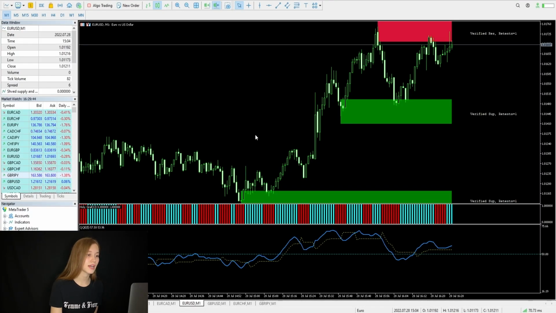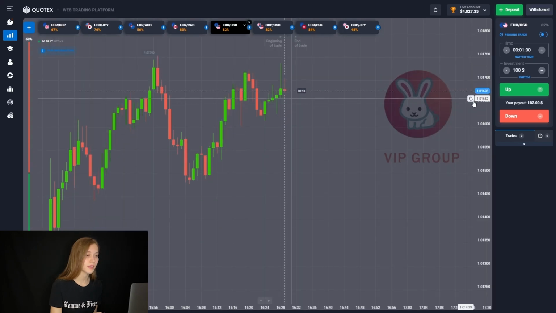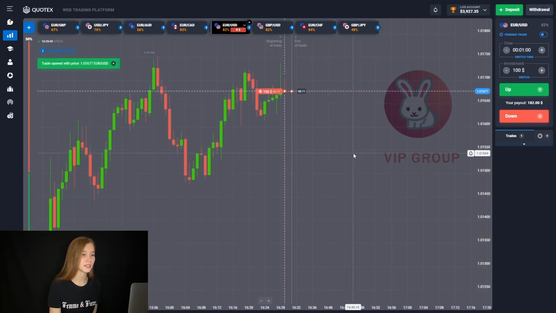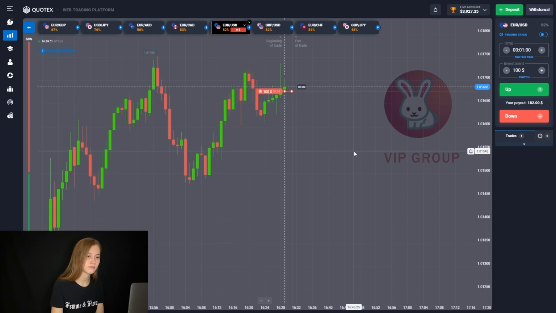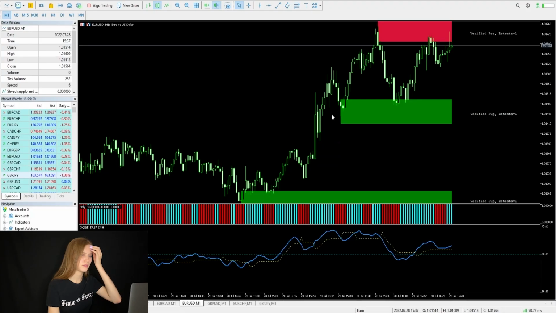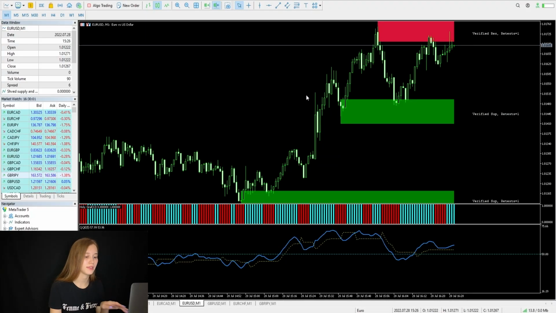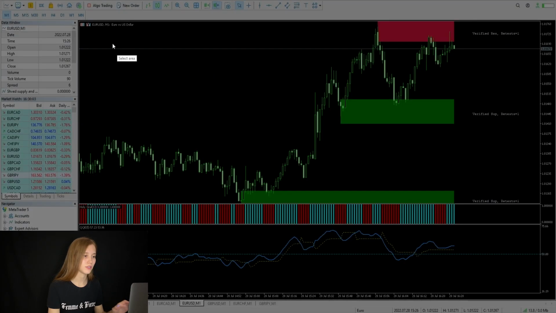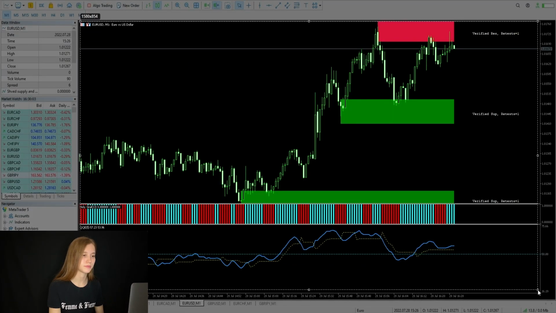Let's start with this currency pair. This currency pair, opening the sell deal. Let's get back to the MetaTrader and explain the entry into the trade.